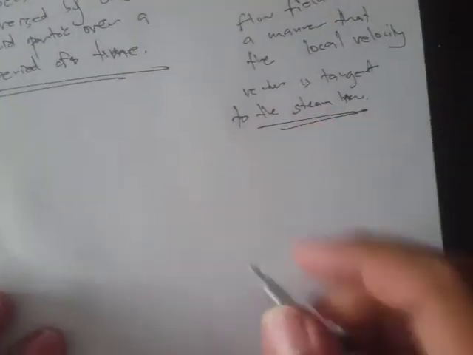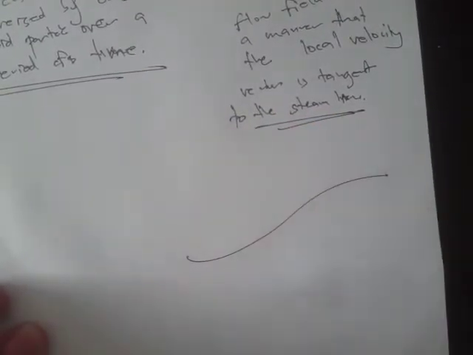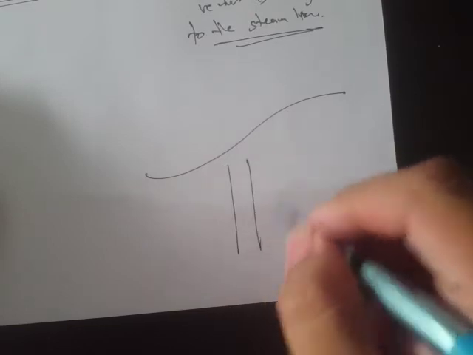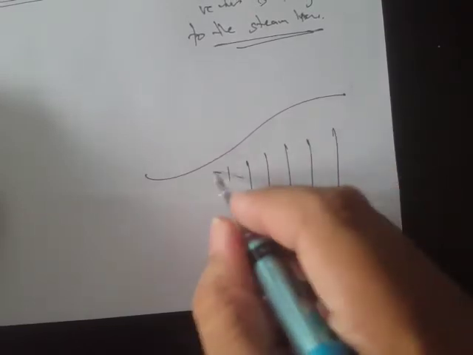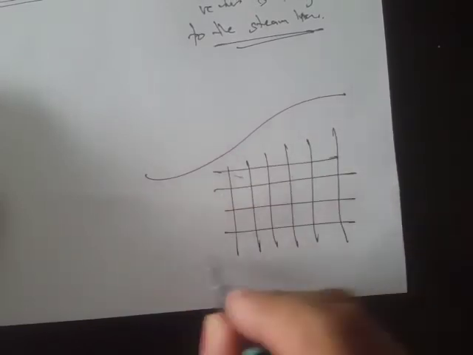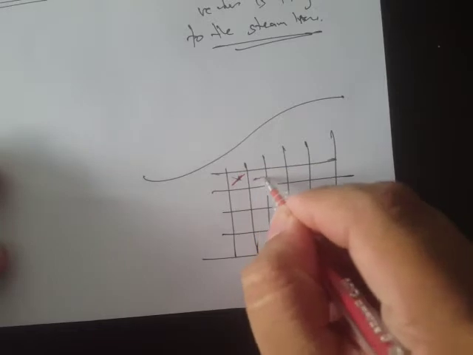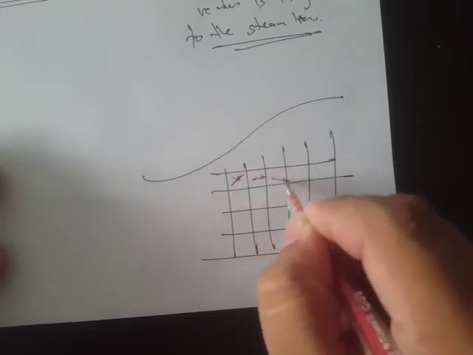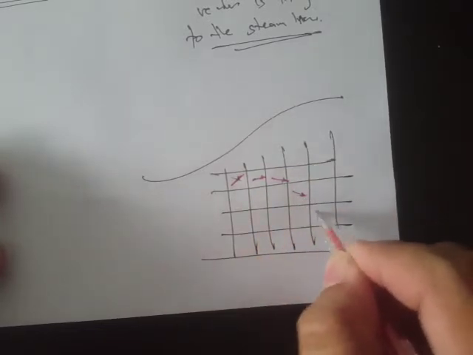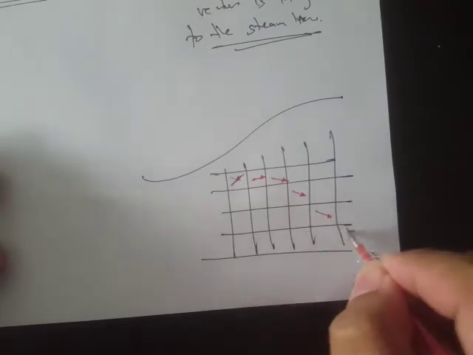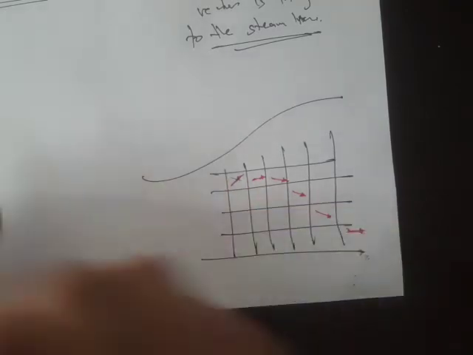Okay, so the streamline, I guess we shall draw it like this. Now let's say this is our grid, and let's say the vector is maybe like this, and then like this. Okay.